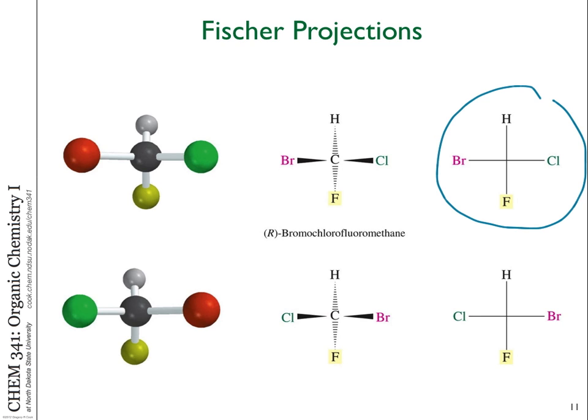But when you see a Fischer projection where you have a cross, what that means is that there's a carbon in the center, and then you have those 4 groups, and it's assumed that the groups going to the sides, left and right, are coming towards you in that tetrahedral carbon. So they're both coming towards you. And the groups that are up and down are going back away from you. Okay, that's assumed. So if you need to know that for anything in the future, that's what that is representing.